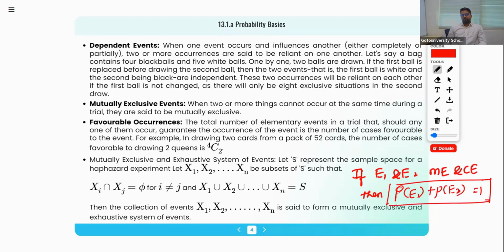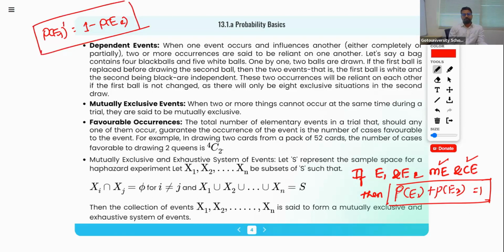Remember, this will be 100% correct only when they're mutually exclusive as well as collectively exhaustive. I can use this as a shortcut: if I want to find P of E1, and I can easily find P of E2, then I can subtract it from 1 instead of finding P of E1 directly. If it is a time consuming process, you can do the opposite. This shortcut we're going to use in many places, but only if you know they are mutually exclusive and collectively exhaustive.